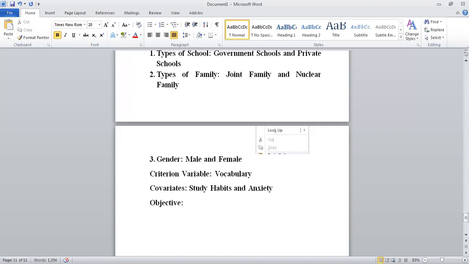The objective will be written like this. Here I have types of school, types of family, the gender. Then I say to study the, I cannot write the word effect, so I have to write the word influence. To study the influence of types of school, types of family, and gender.